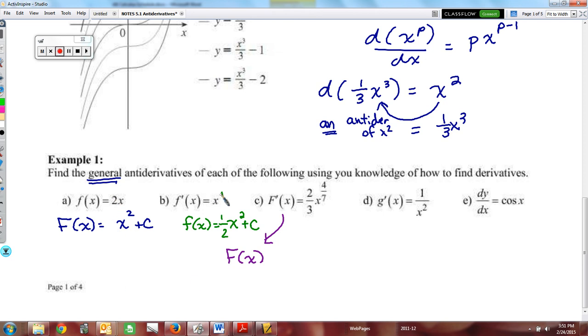Over here, I add 1 to the power, 2, and then I divide by it, which is the same as multiplying by 1/2. So over here, I'm going to take my power, I'm going to add 1 to reverse the process. Adding 7 over 7 to 4/7 would give me 11/7. And then I'm going to take the constant that's there and I'm going to divide by that power.